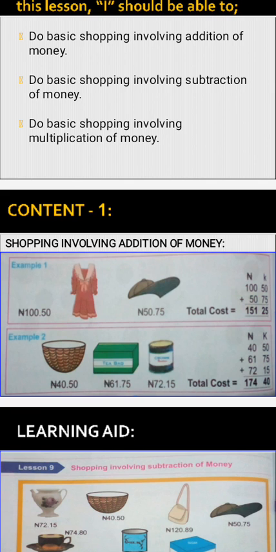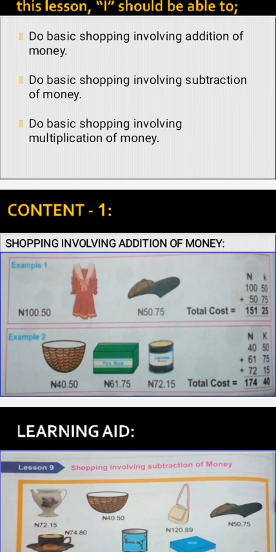So please take note of that. So 7 plus 5 is 12. We put down 2 and carry 1. Now 0 plus 0 will give us 0, but the 1 we carried, when we add that to it, will give us 1. Then 0 plus 5 will give us 5. Then 1 plus 0 will give us 1. So the addition of the 2 items will give us 151 naira 25 kobo. I hope that is clear.